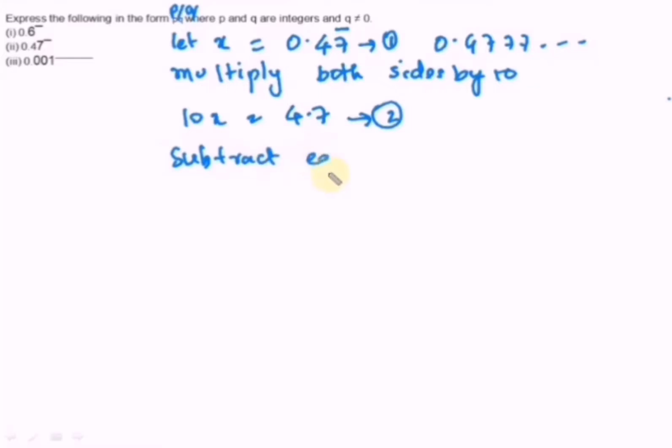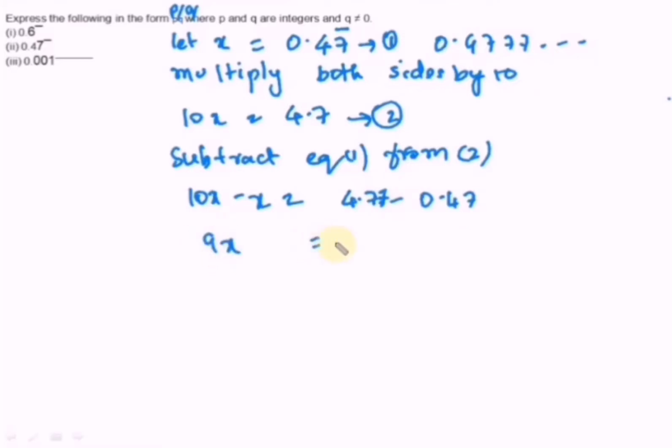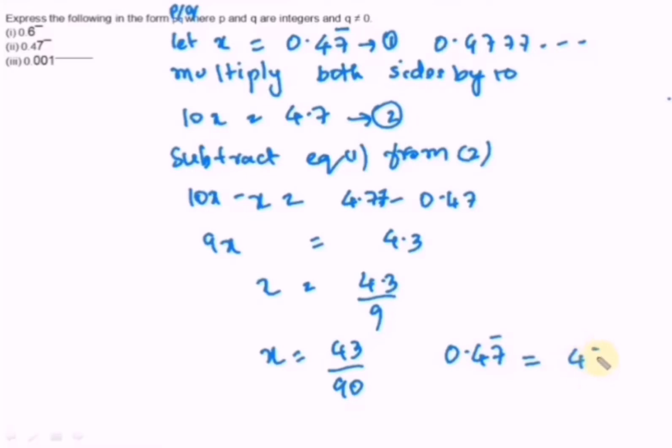Same process, same procedure you need to follow. 10x minus x will give you 4.7 minus 0.47. So you want two numbers after decimal, so you can write 4.70 also. So 9x is 4.3. X is 4.3 by 9. X is 43 by 90. You can also write it this way. So the answer is 0.47 is 43 by 90. The P by Q form of it is 43 by 90.